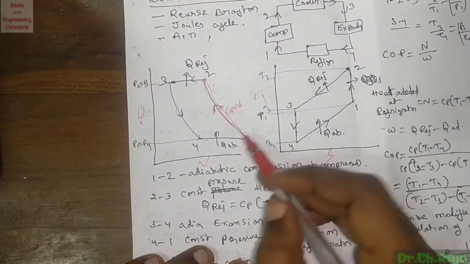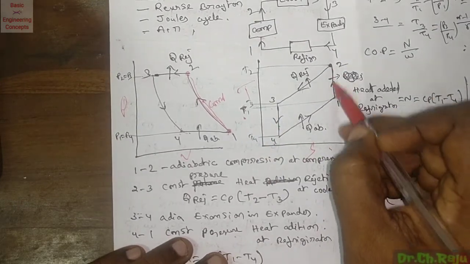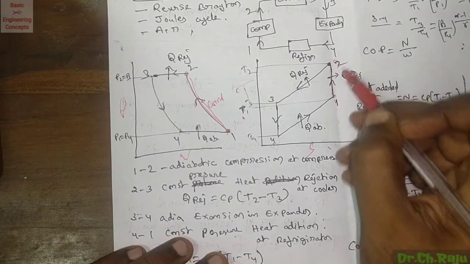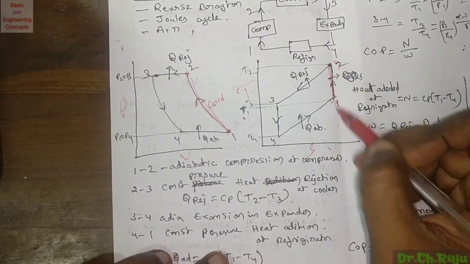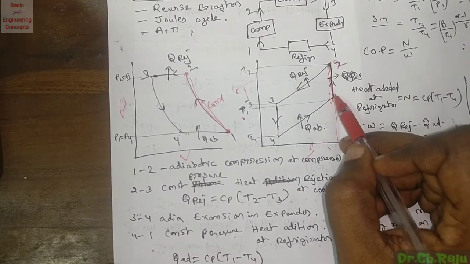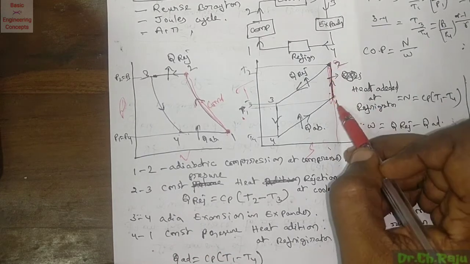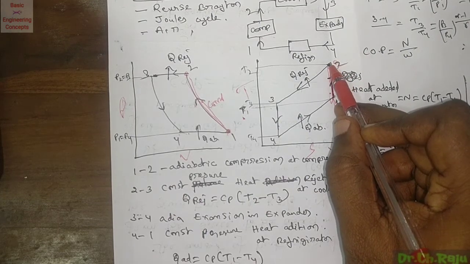This process is indicated in a TS diagram as a straight line, 1 to 2. As it is an adiabatic process, entropy is constant, that is why this is a straight line. In the compressor, temperature increases from T1 to T2. This is the highest temperature in the Bell-Coleman cycle.